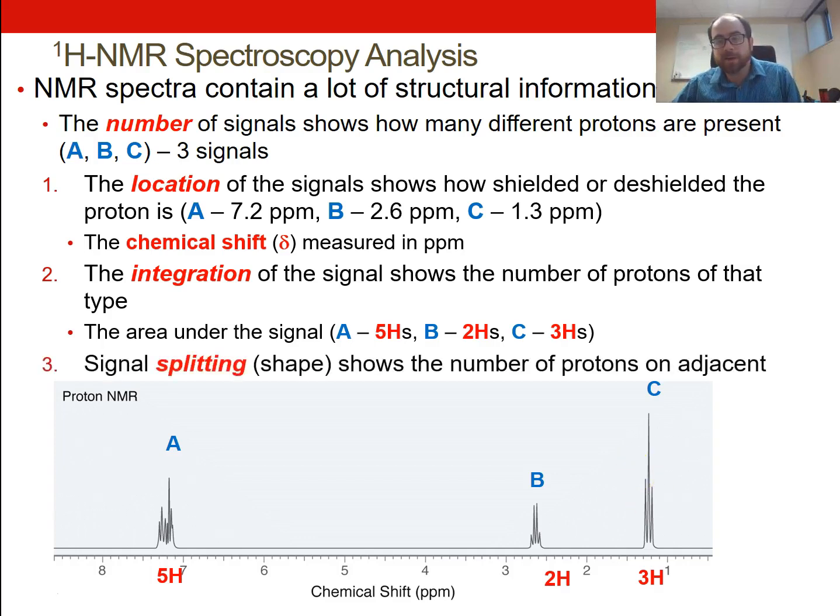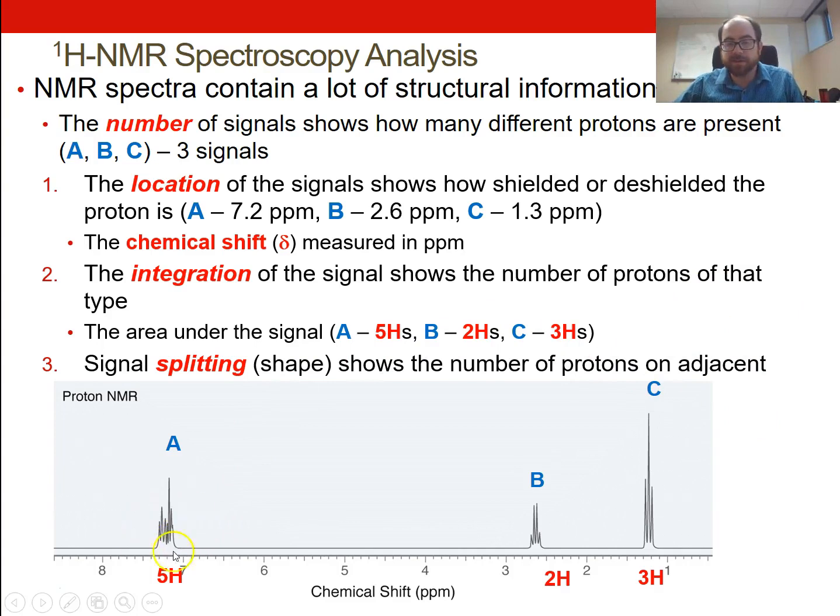Lastly, we want to take a look at the shape of the signals, because that provides some idea as to what the surrounding environment of those protons will look like. It tells me what the adjacent hydrogens to our signal are. We call this the splitting.